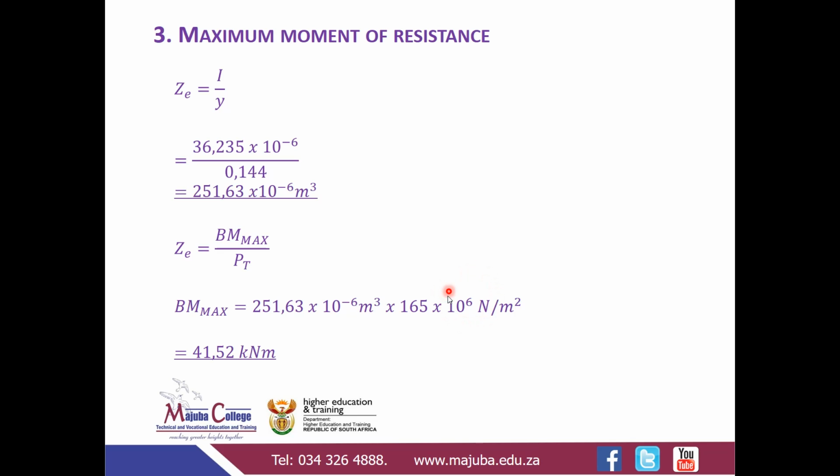Then you have to multiply that value by what? 10 to the power 6, which is a million. And then you multiply the two, and then you get 41.52 kilonewtons. So the answer that you're gonna get here is gonna be Newton meter. So you divide it by 1,000, you're gonna get what? Kilonewton meters. All right. So that is our moment.